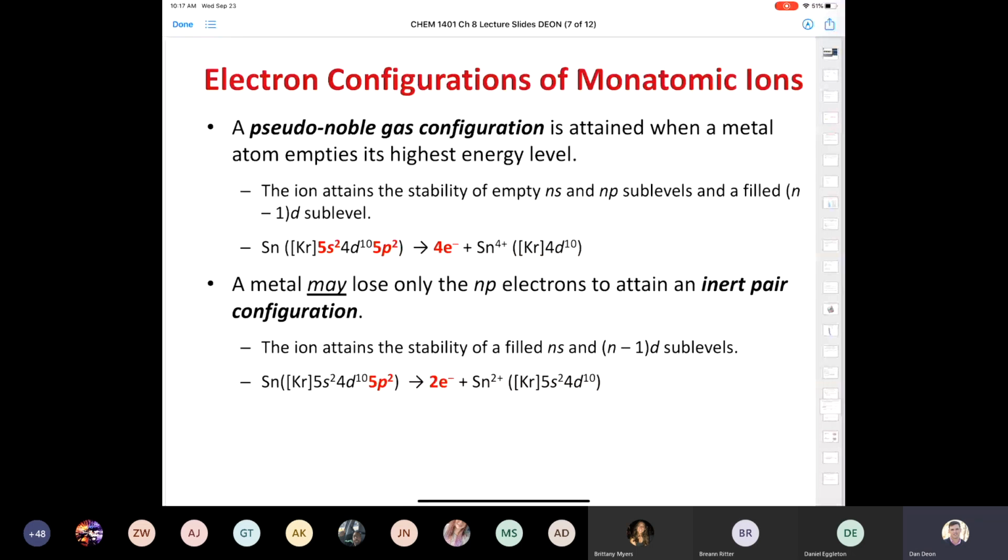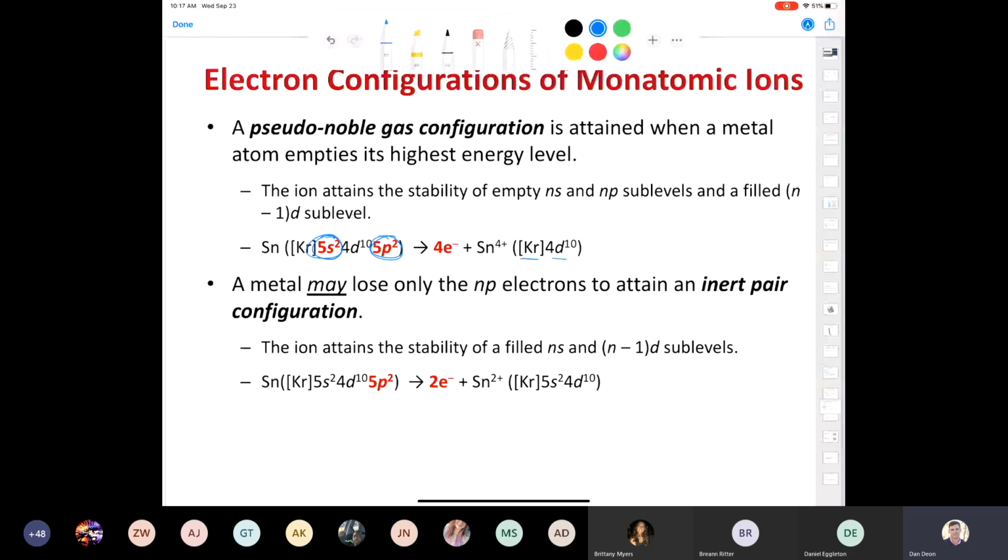So when we have a metal and it has d electrons, it's going to empty out just the ones with the highest principal quantum number. So these ones and these ones. That's why tin can form the tin 4+ ion, right? Because it loses all 4 of these 5s and 5p electrons, and we end up with krypton.